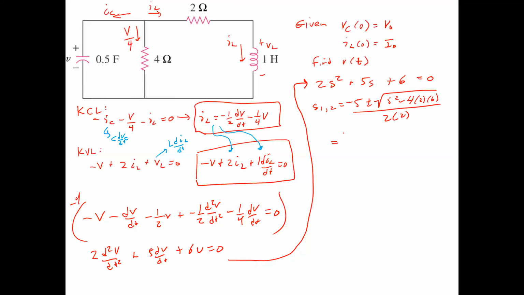So that's going to give you minus 1.25 plus or minus 1/4 times the square root of -23. Or minus 1.25 plus or minus j times root 23 over 4.